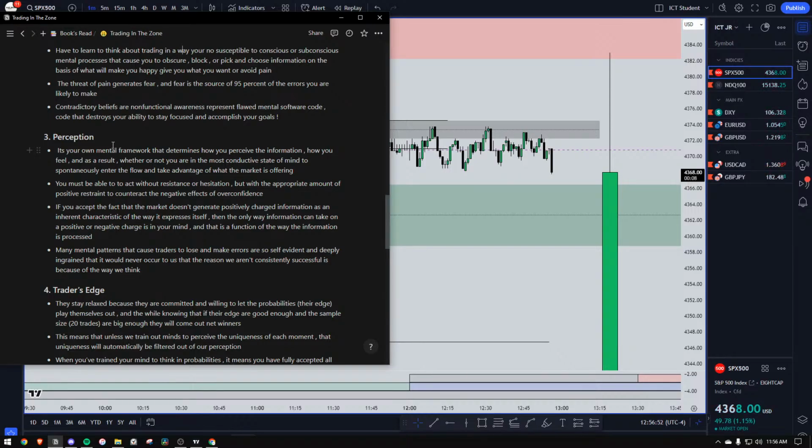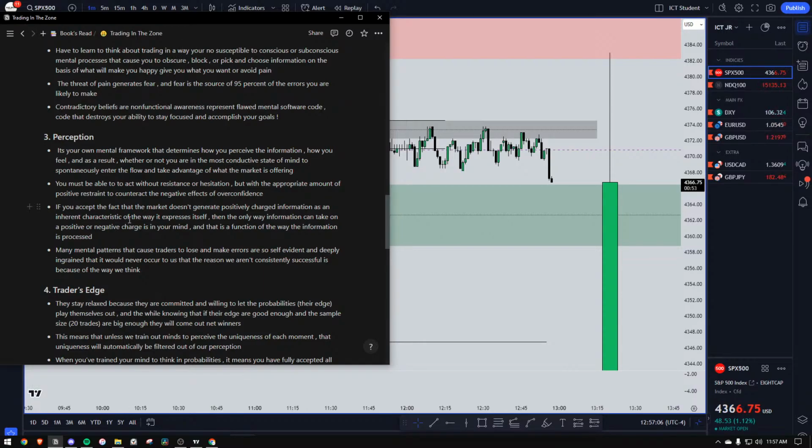Actually, damn, these are both really good. I think this is a really good chapter here. I don't think I can describe it with a single description. If you accept the fact that the market doesn't generate positively charged information as an inherent characteristic of the way it expresses itself, then the only information you can take on a positive or negative charge is in your mind, and that is a function of the way the information is processed.